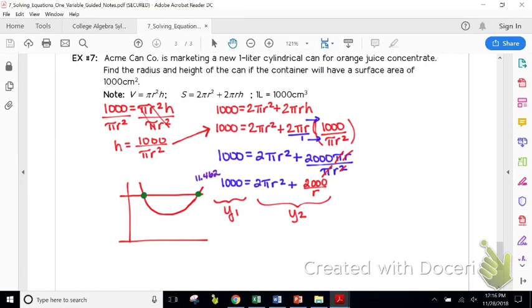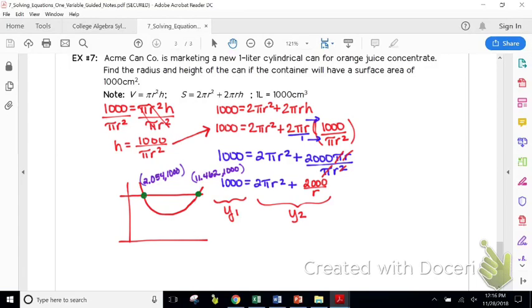It's 11.462, comma 1,000. And I need to find the other one, so I'm going to do second calc intersect again, but I'm going to have to move my cursor near the other one. And then I found 2.054, comma 1,000 for the other one.